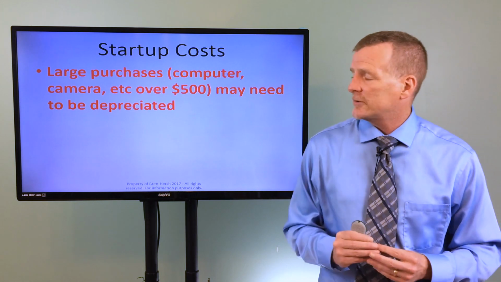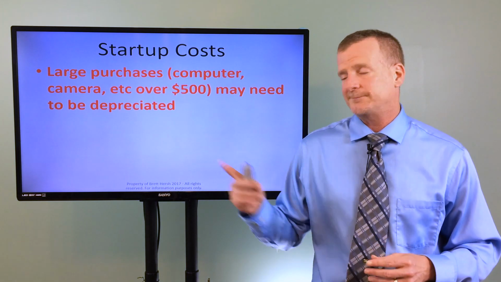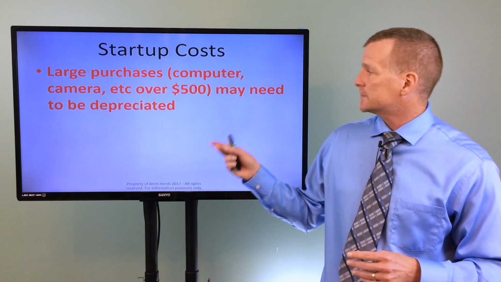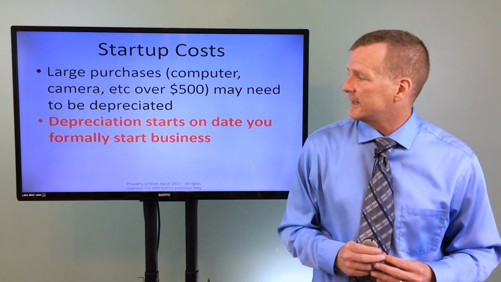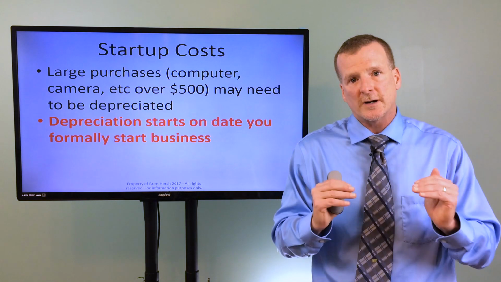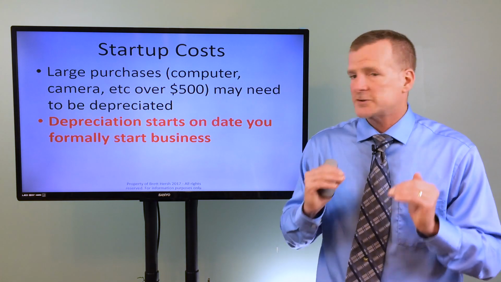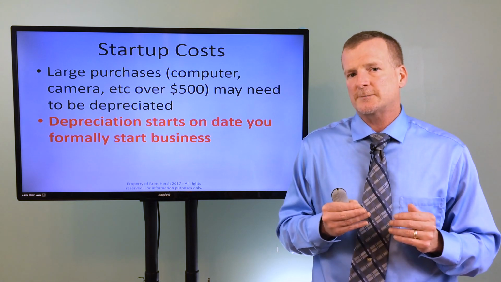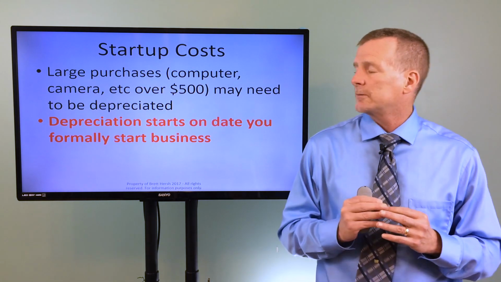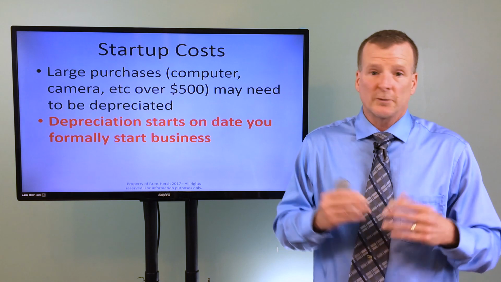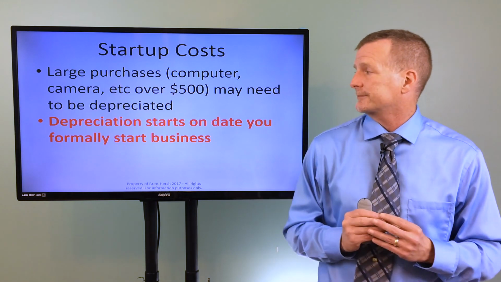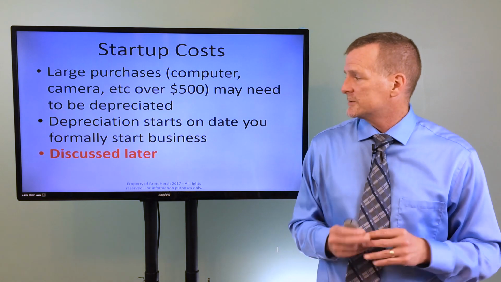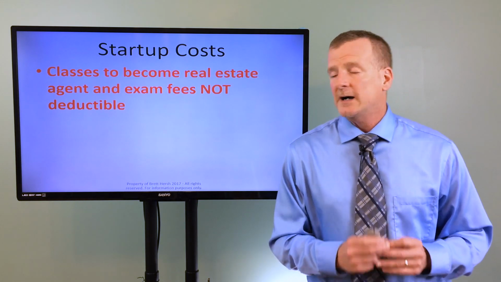If you purchase over $500, which is a number we use in this course to see whether something should be depreciated or not, those purchases may need to be depreciated, and that depreciation starts on the date you formally start your business. So those expensive items really aren't going to be considered startup costs so much. They're actually going to be depreciable assets, which you're going to have to depreciate according to the terms of depreciation, and that's a separate part of this course. So I just want to make sure you're aware of that.